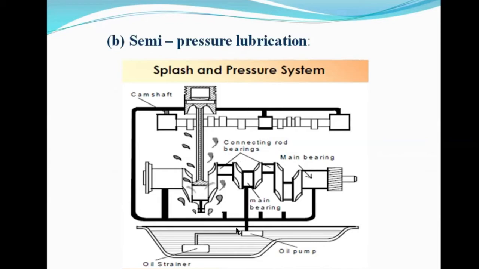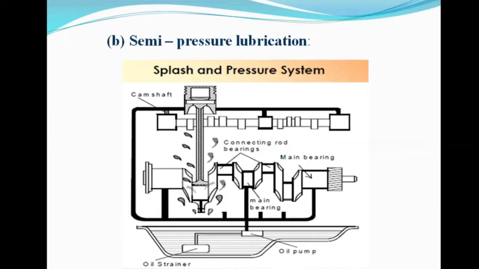Here the pump is used, and from the pump we directly supply oil to the crankshaft. Under pressure we supply the oil, so proper lubrication will happen, and the remaining parts are lubricated by the splash lubrication system. Here the load on the bearing is very high, so we apply lubrication using pressure.